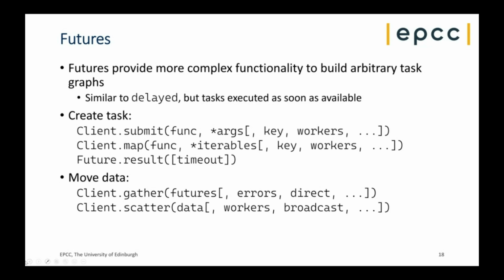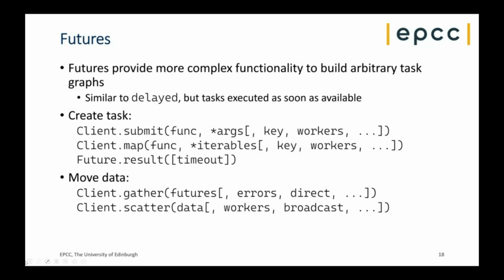Now it still lets them go off and run and have dependencies and things like that, but it gives the scheduler and the functionality a bit more freedom. It's pretty straightforward to do. Effectively, you submit a function. You can also map a function, so you can say take this function and run it on this set of inputs.